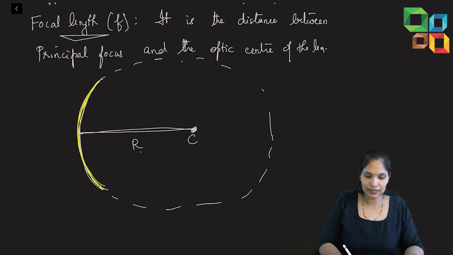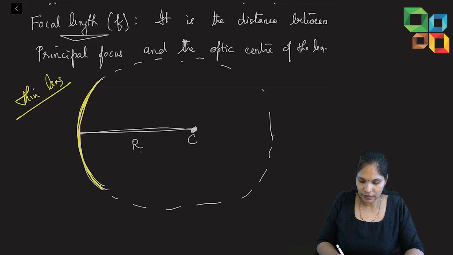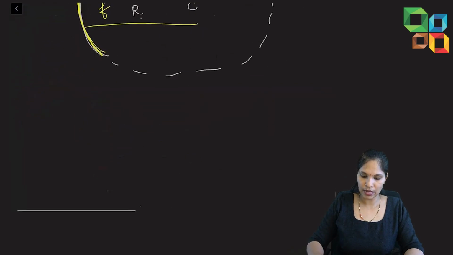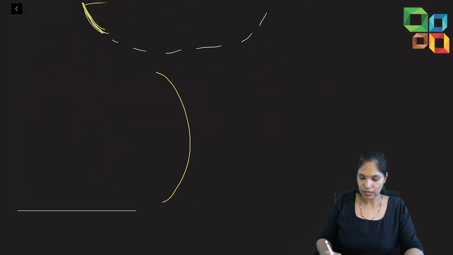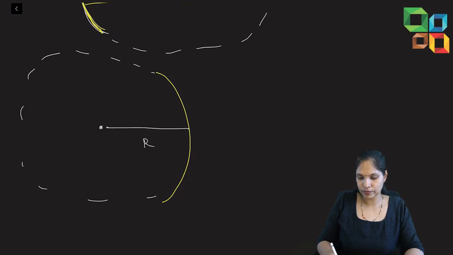Actually, only for thin lens it's applicable. If the lens is thin lens, then exactly half of this radius is the focal length, and this point will be exactly the focus, and this will be 2f. Same thing happens with the other surface also. This is also part of a sphere which has its own center and radius of curvature.